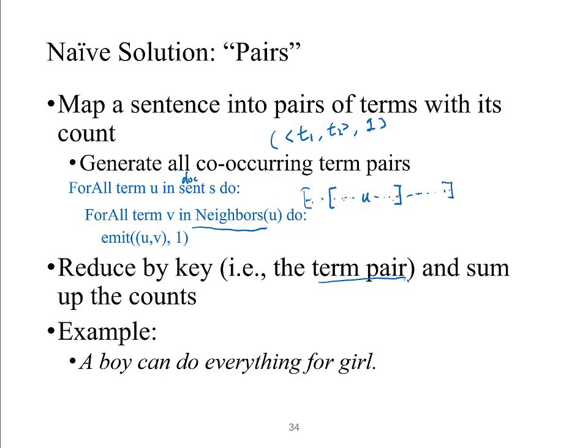For example, given the sentence, a boy can do everything for girl, let's define the neighbors as the three closest terms to the term U. So it would be a boy for 1, and a can for 1, and a do for 1 as well.